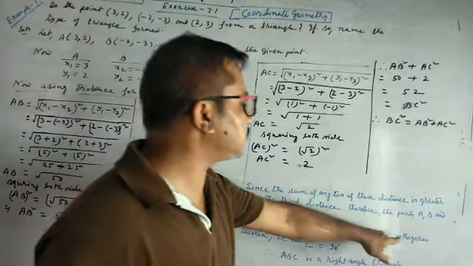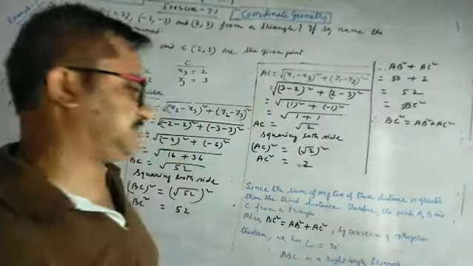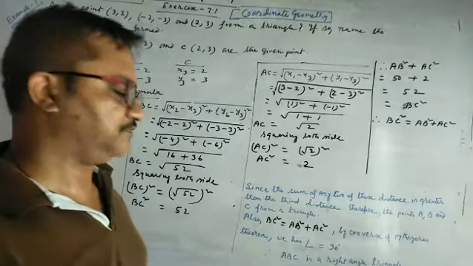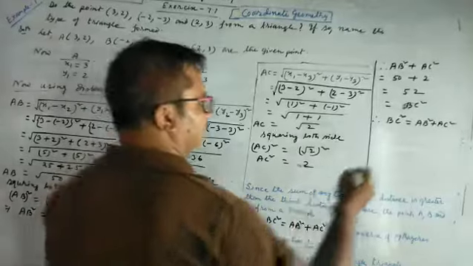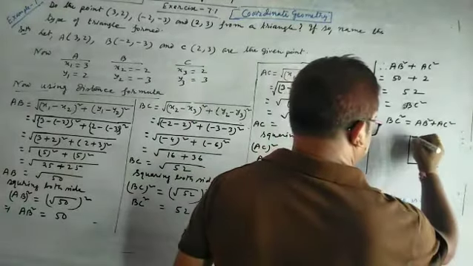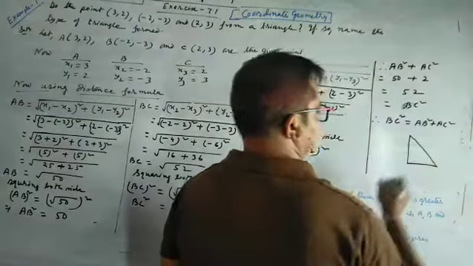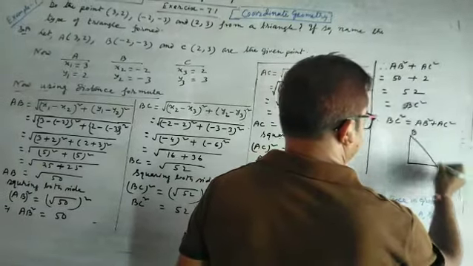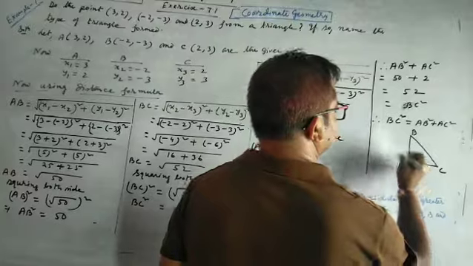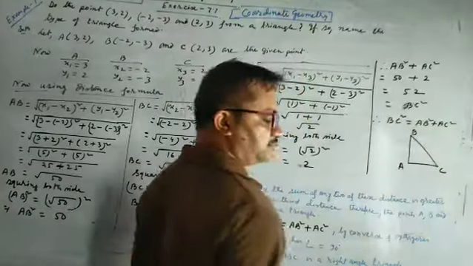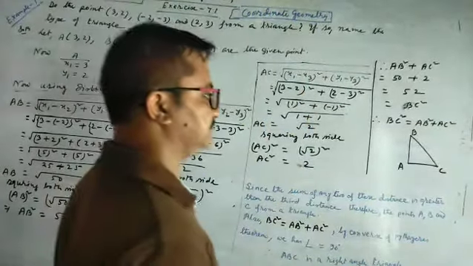By the converse theorem of Pythagoras, we know that if we write a triangle, the greater side BC is equal to the sum of the squares of the other two sides.